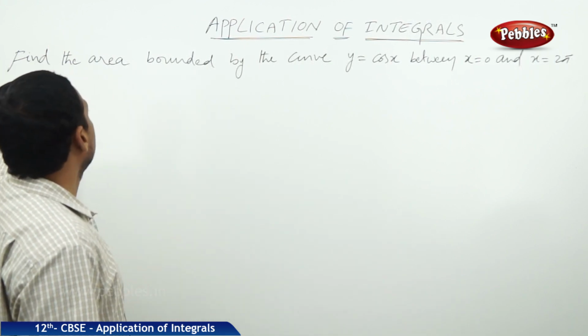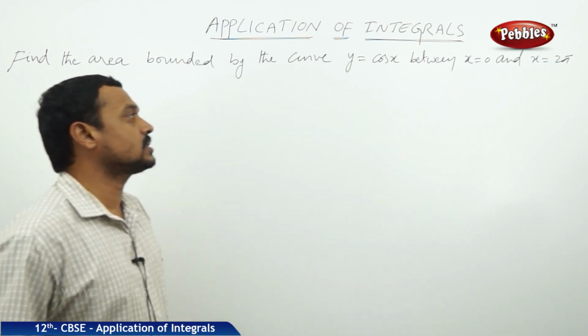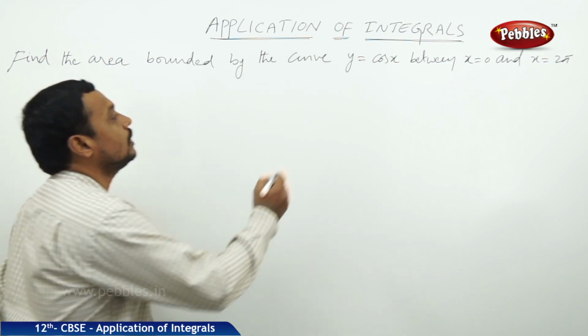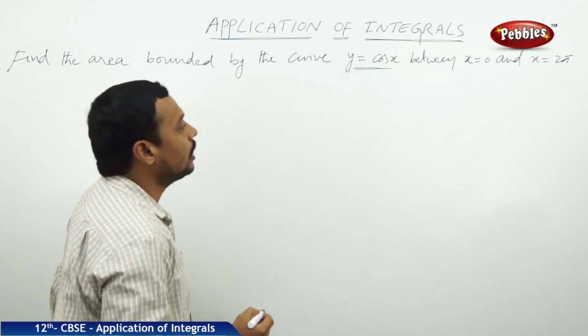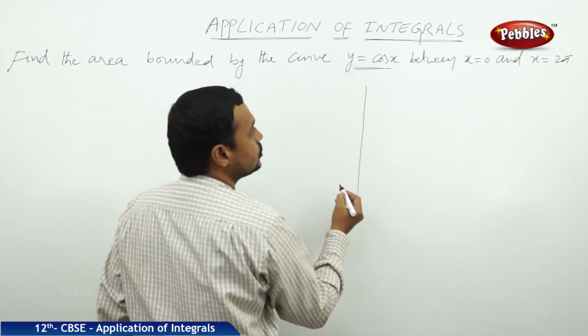Now, here is one problem. Find the area bounded by the curve y is equal to cos x between x is equal to 0 and x is equal to 2 pi. The curve is y is equal to cos x. Now let us draw the graph of cos x between x is equal to 0 and 2 pi.